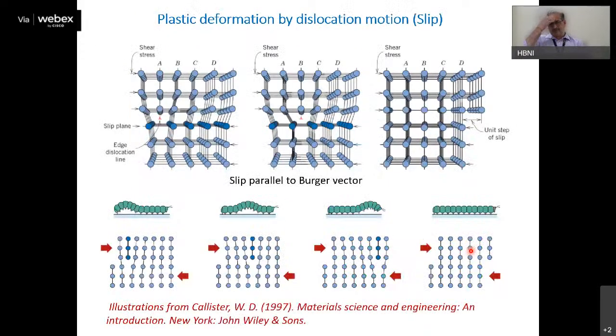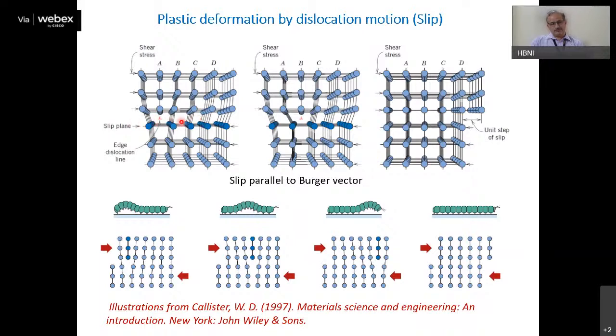So how do they contribute to the plastic deformation? This is very clear from this cartoon. When you apply shear stresses, for example, you consider this edge dislocation. When you apply shear stresses, as shown here, this dislocation line tries to slip in this direction.